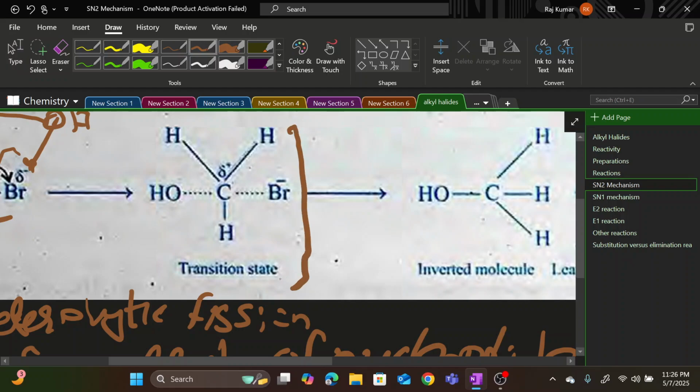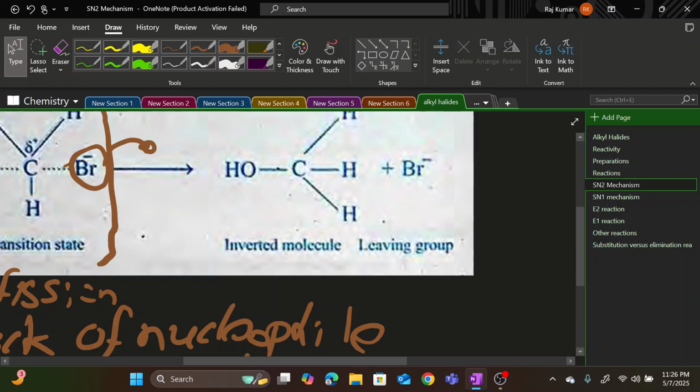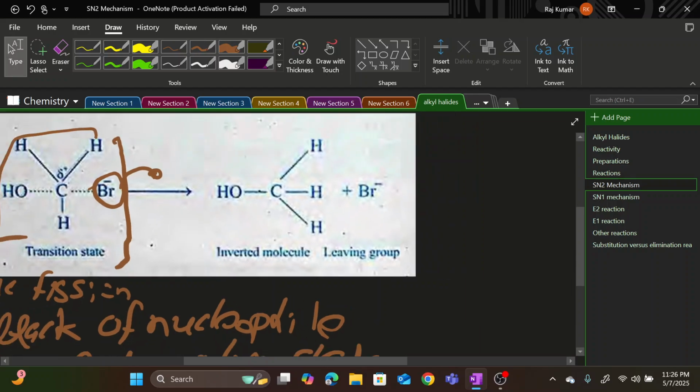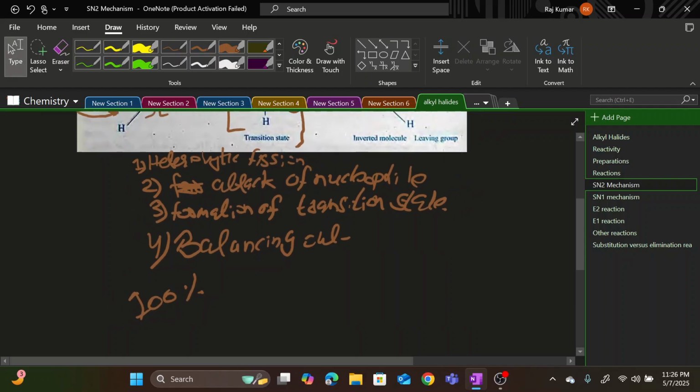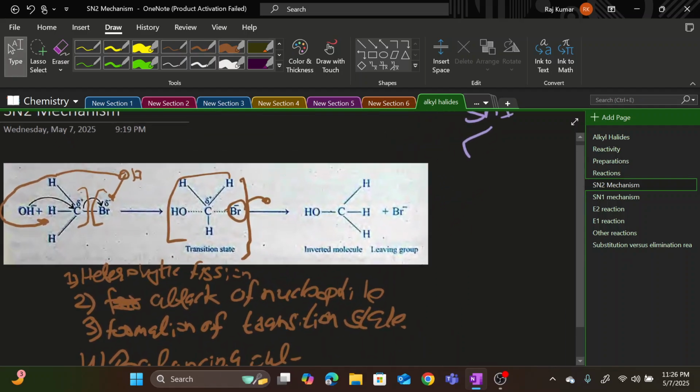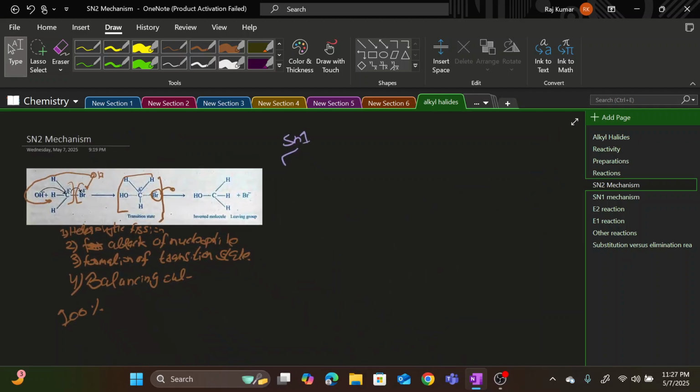And then from the activated complex, the leaving group is taken out, and the rest of the molecule rearranges itself to form the inverted molecule. In this type of reaction, the ratio of inverted molecule is 100%. There is no retention configuration. 100% inversion configuration is there.